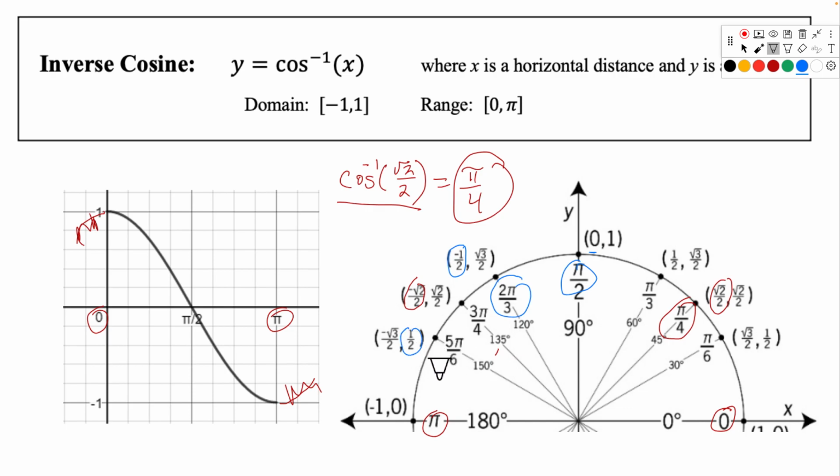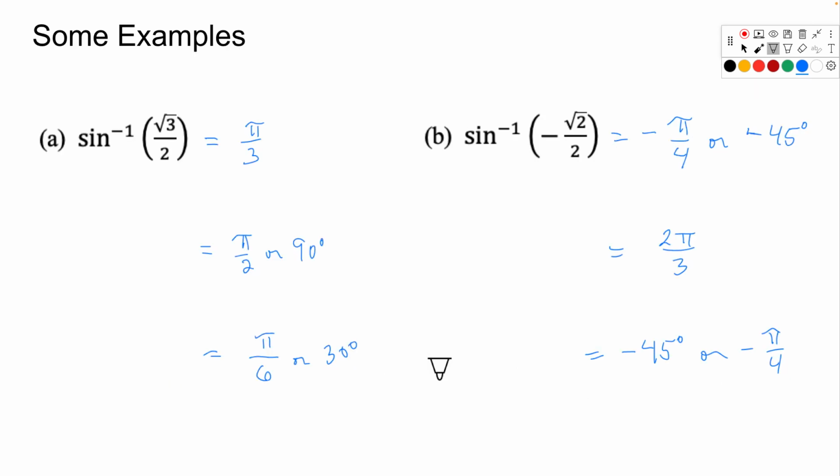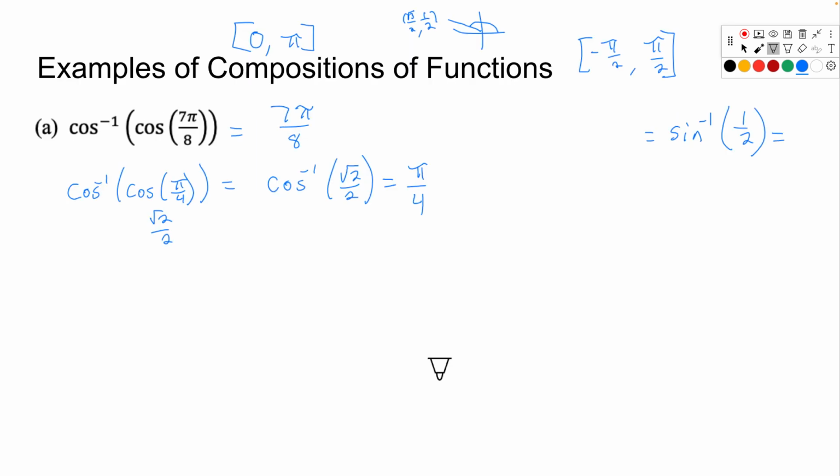So we can get all of this off of the unit circle. Okay, so that's where we get that 1/2. We take the inverse sine of 1/2. We're actually at pi over 6, or 30 degrees. Because those are the only angles that we can use with the inverse sine. Okay.